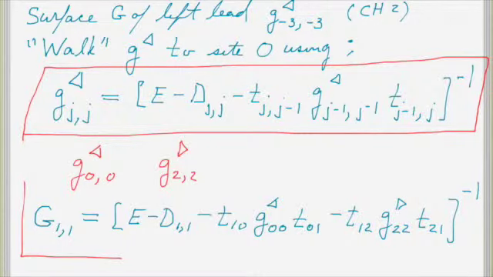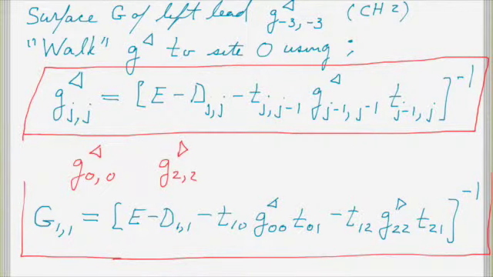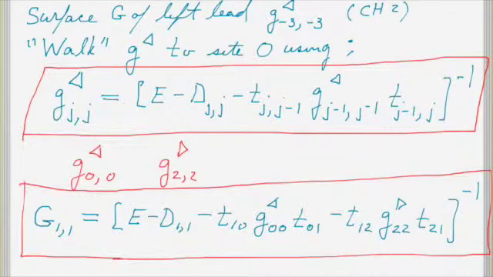And this is exactly the form we had when we used Dyson's equation to calculate the Green's function of the entire device. In this case, we've reduced it formally to a device of just one layer, 1, 1, and we get our usual self-energy due to connecting to the left and the self-energy due to connecting to the right.